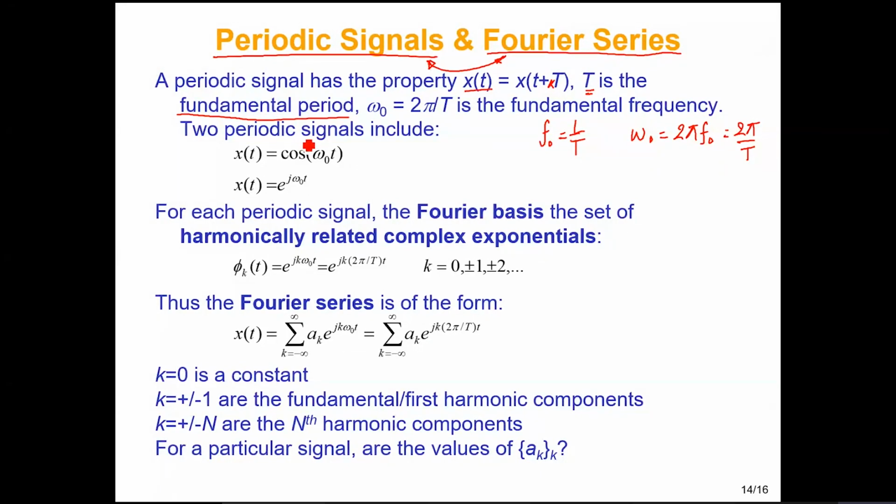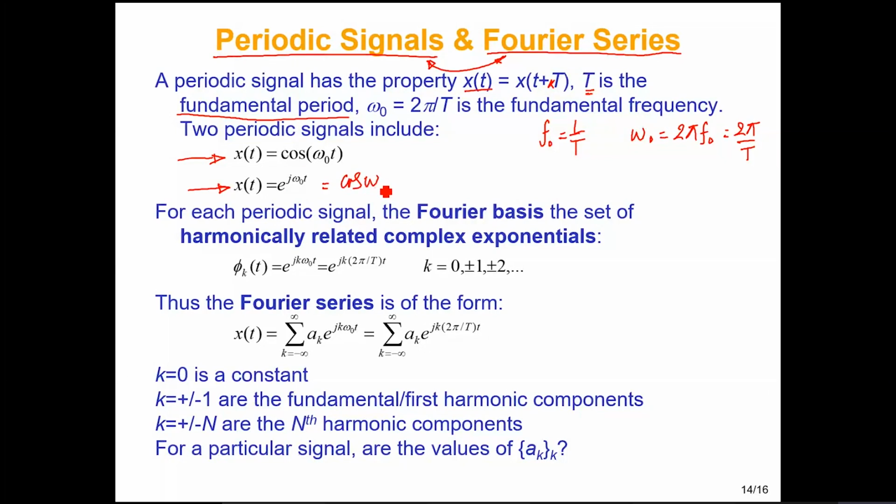Now, the most commonly known periodic signal is a sinusoid. We know that cosine is a periodic signal which repeats after a particular time period T. Similarly, a complex exponential e raised to the power of j omega naught t is also a periodic signal. It's a complex exponential, but we know that we can express it in terms of sinusoids.